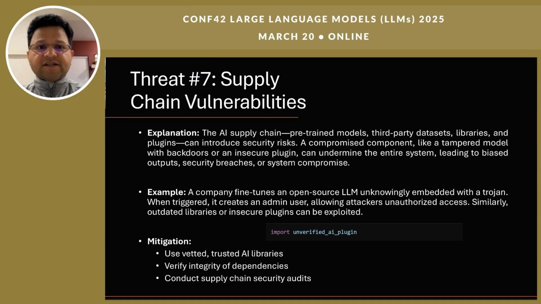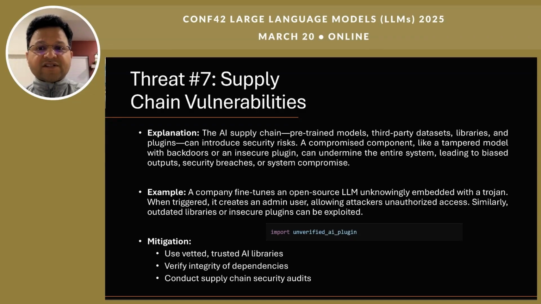Supply chain vulnerabilities. The AI supply chain includes open source modules, third party datasets, libraries, AI agents, and plugins. If any part of this chain is compromised, such as a tampered pre-trained model or a malicious library, it can compromise your entire LLM application, putting your organization and applications at risk.